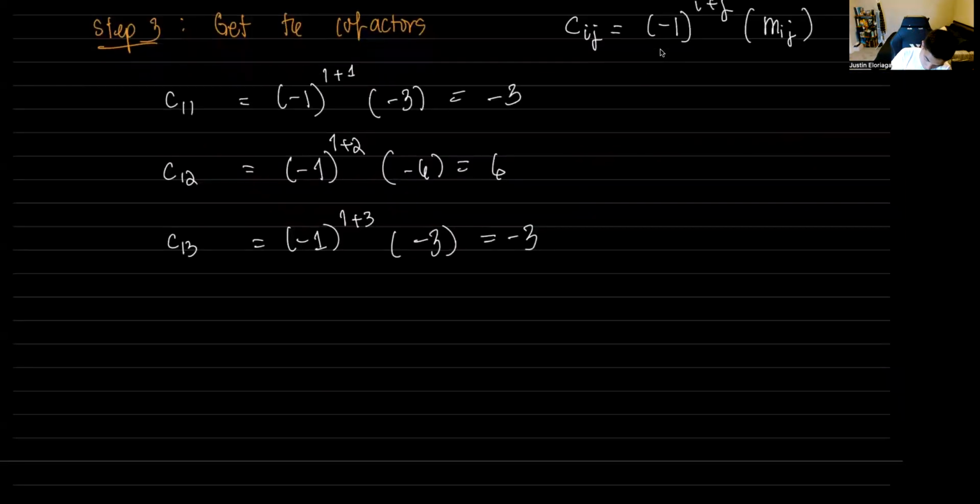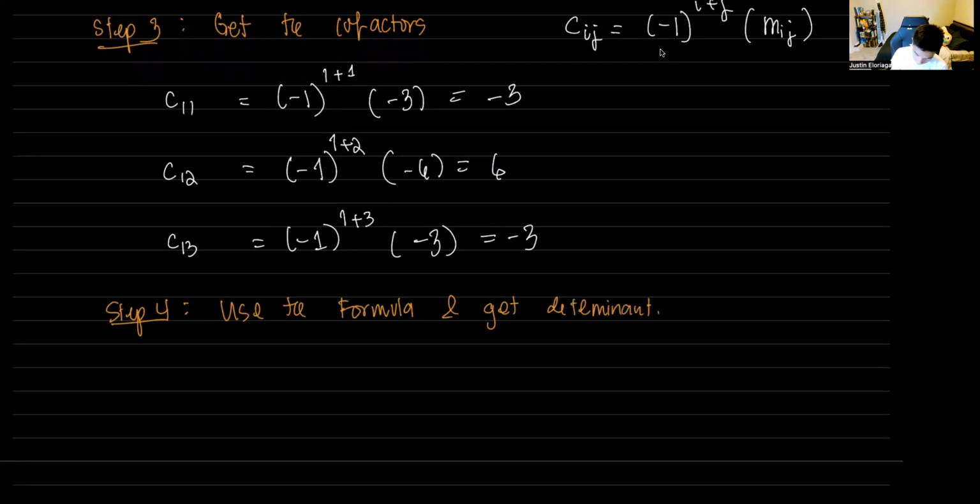Then step 4. We have now computed the cofactors, so step 4 is to just use the formula and get the determinant.